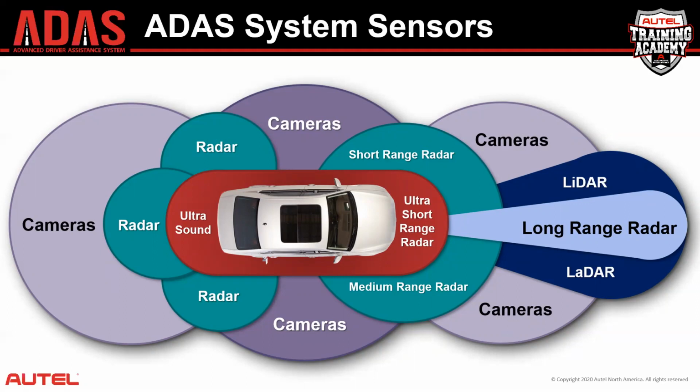However, more advanced systems like lane centering assist. Here's a system that is based on a forward-facing camera that maintains a vehicle in the center of its lane. However, it's not just the camera that makes that system function. It also uses a long-range radar.